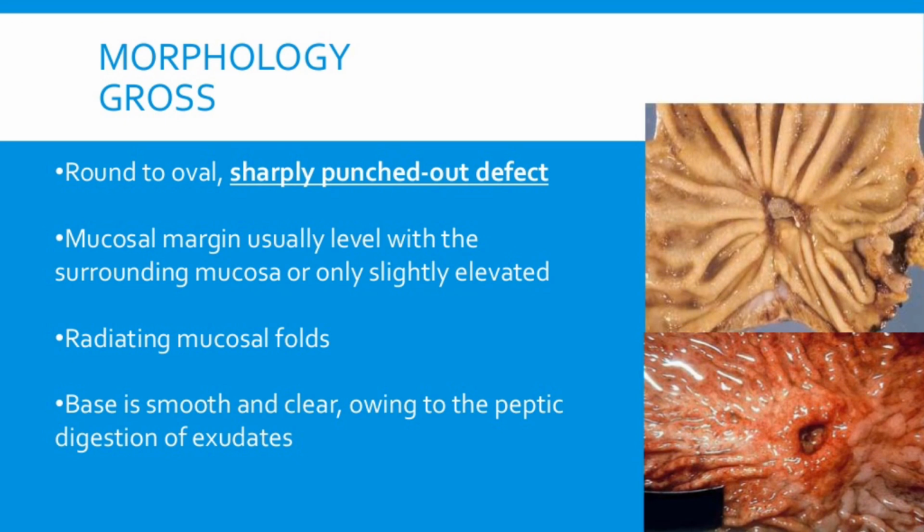Now let's talk about the gross morphology of peptic ulcer disease. They are basically round to oval, sharply punched out defects. Mucosal margin usually level with the surrounding mucosa or only slightly elevated. Radiating mucosal folds are there. Base is smooth and clean owing to the peptic digestion of exudates.